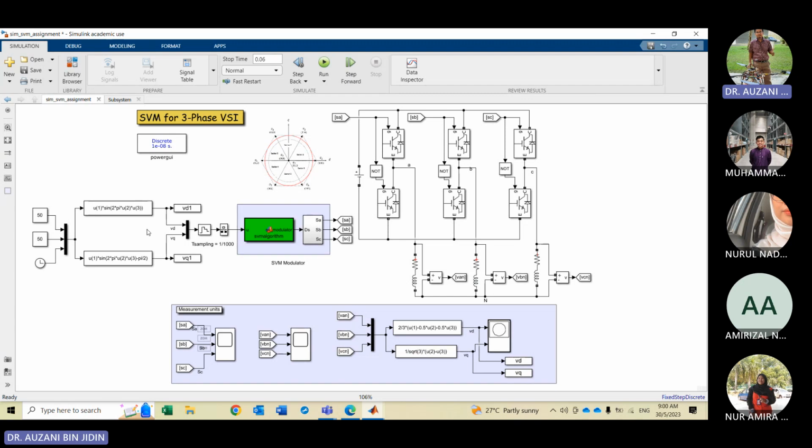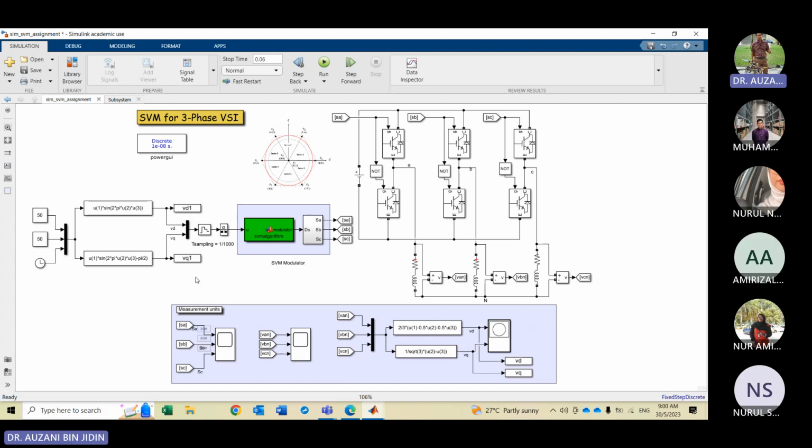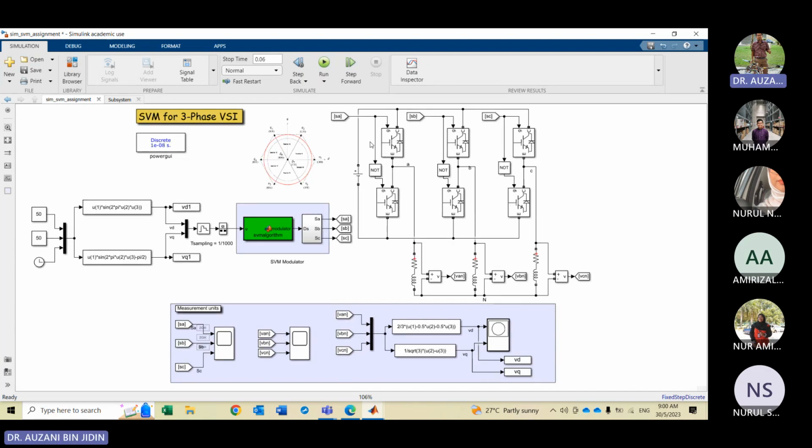Okay, we try to complete the development of the simulation model. Ready dah semua? Kejap lagi kita buat kelas ni. So you can proceed to completely model the simulation.